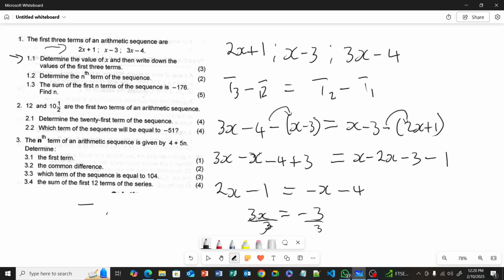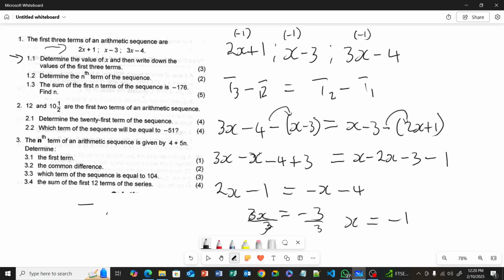You will realize that x will equal negative 1. Okay, now if we put x as negative 1, what will be the numbers if here we put negative 1 in the place of x, also here we put negative 1 in the place of x, even here we put negative 1 in the place of x.